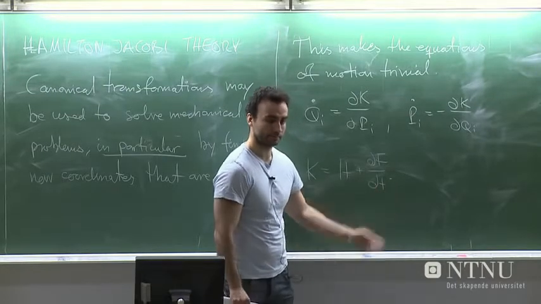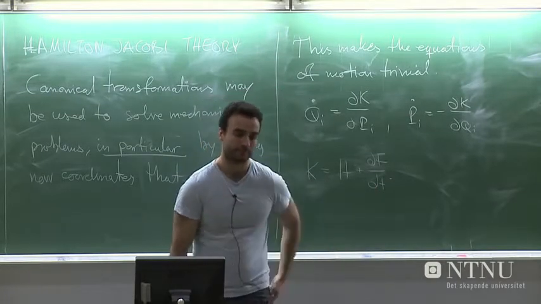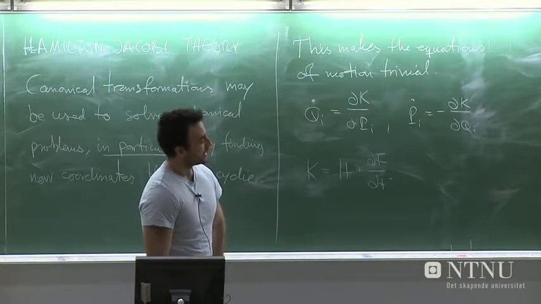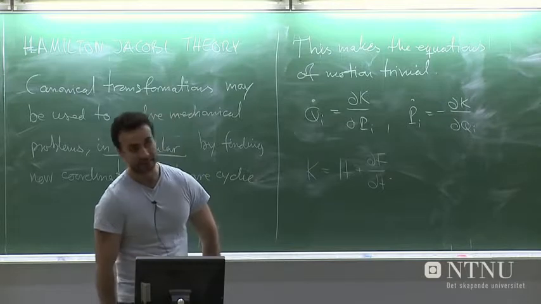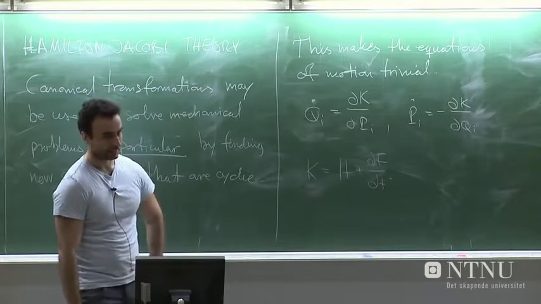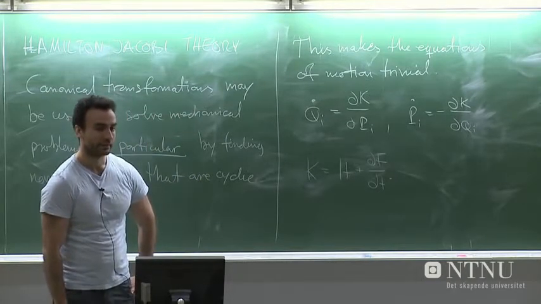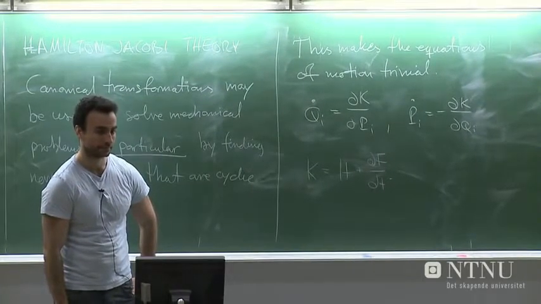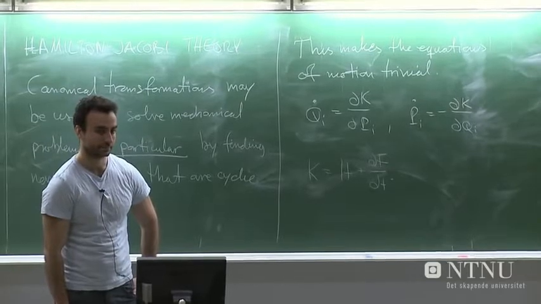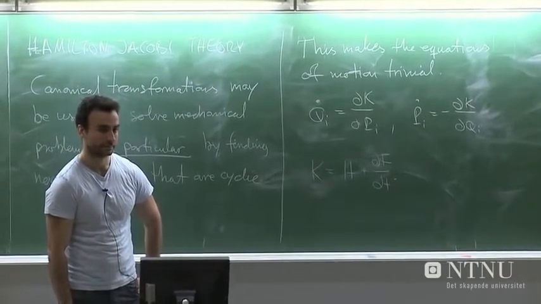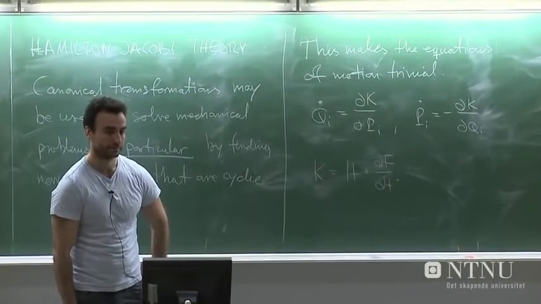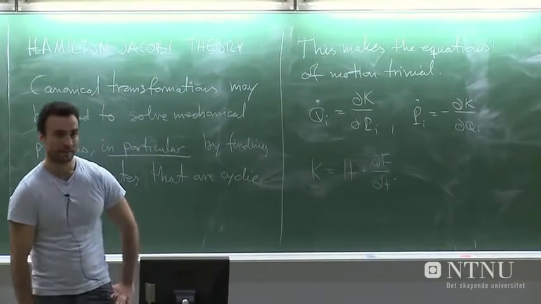Yes? Does it make sense to say that the P's are cyclic? In the sense that the Hamiltonian is independent of them, I guess it does. If we define cyclic in this sense. But do the canonical momenta have canonical momenta of their own?